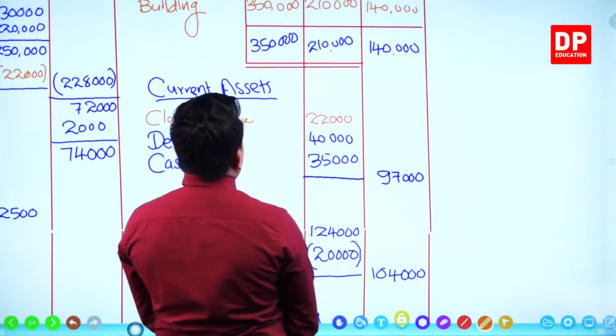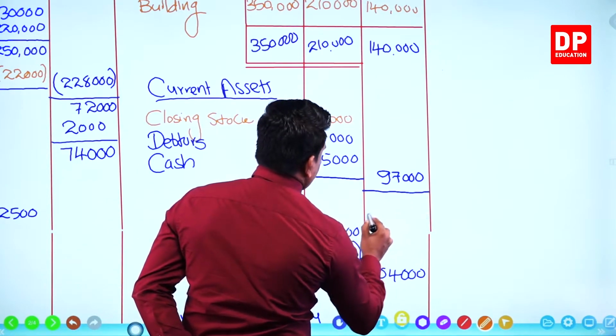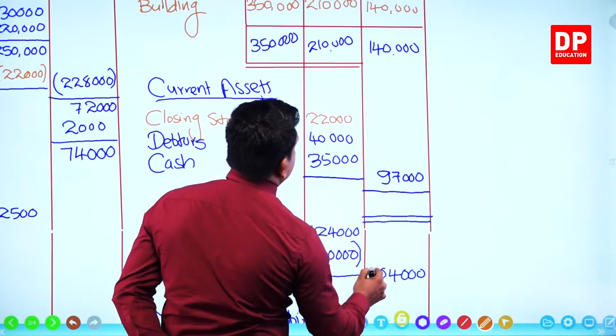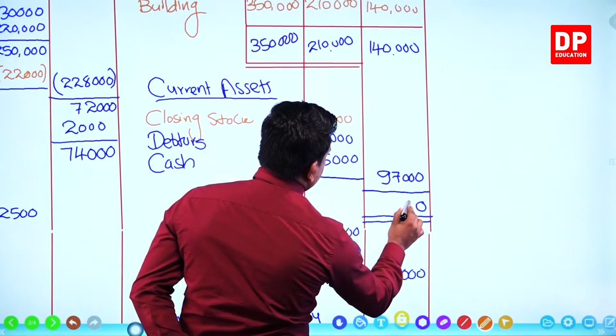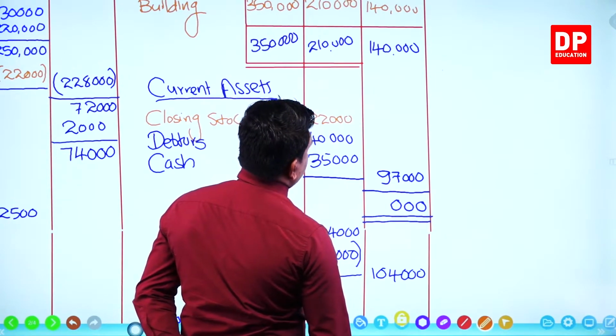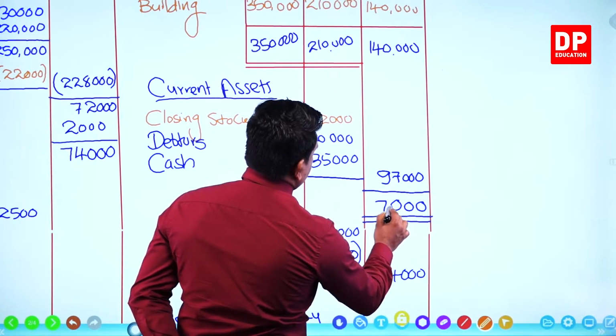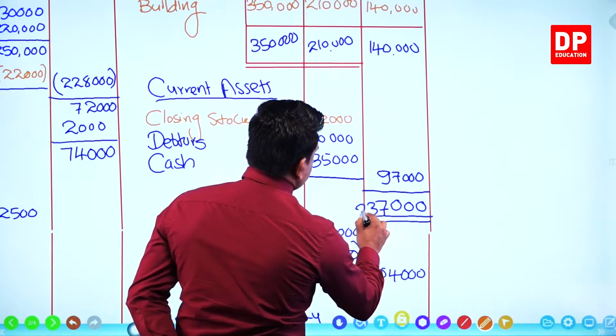Total non-current assets 140. Total current assets 97, right? Get the total of this. 0, 0, 0, then here 7, 237.